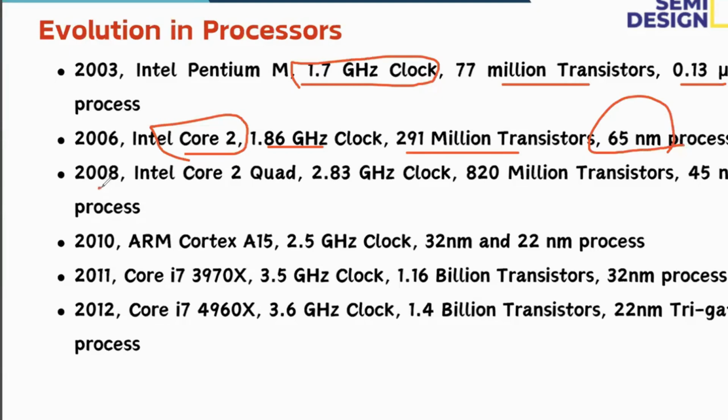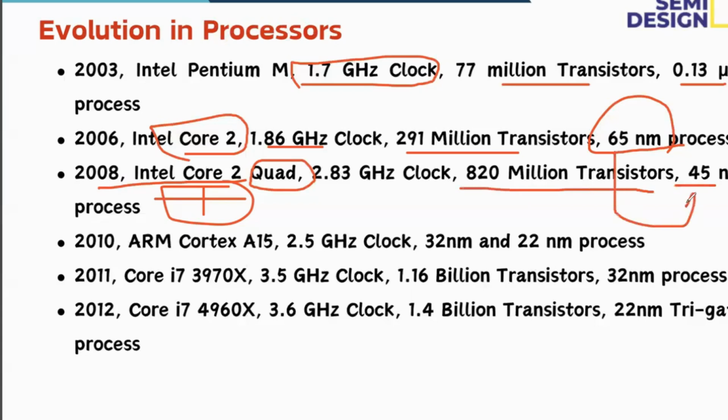Then in 2008, Intel Core Quad, where the cores are partitioned in terms of quad, that means 4: CCX1, CCX2, CCX3, CCX4. With 820 million transistors and 45 nanometer process, from 65 to 45. For every 2 years the size is reducing.